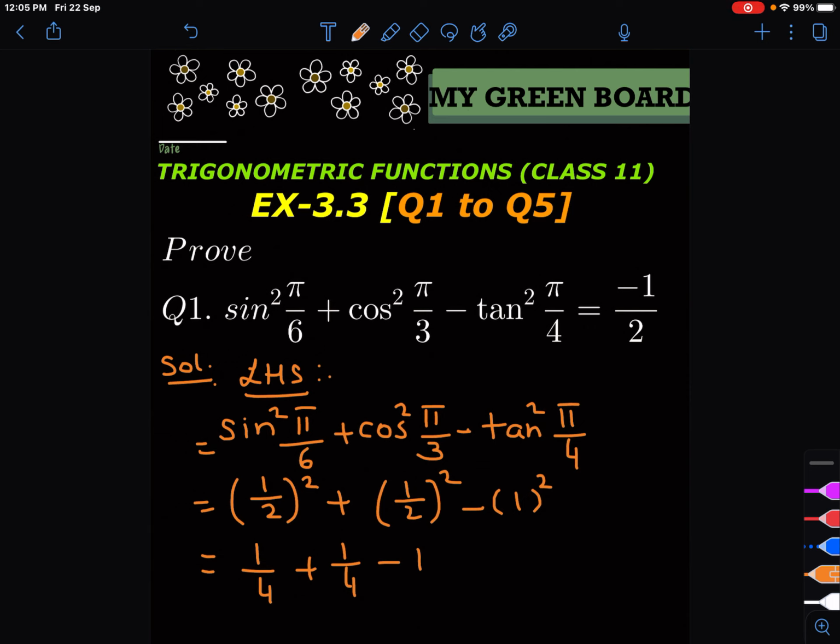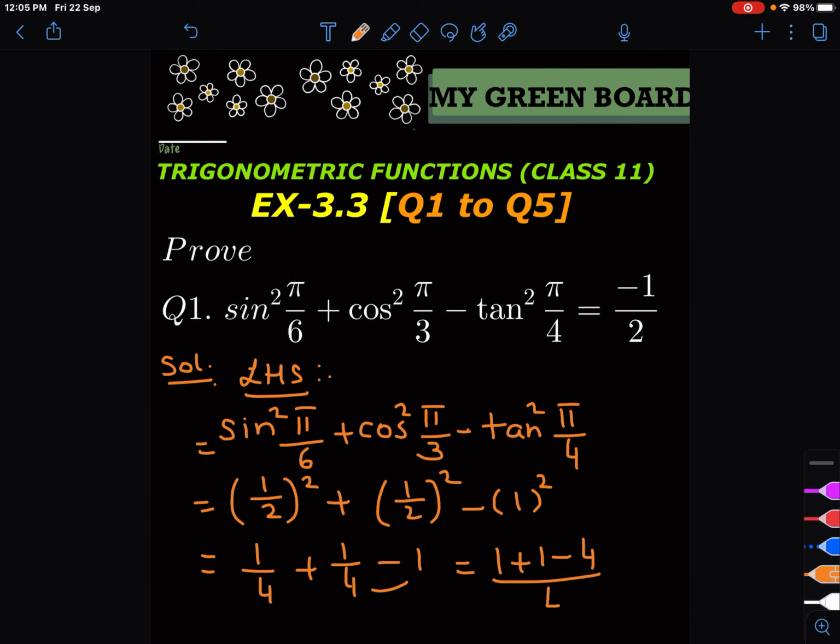So the answer would be, actually you have to take the LCM, that is 1 plus 1 minus 4 over 4. From here to here you have to take the 4.